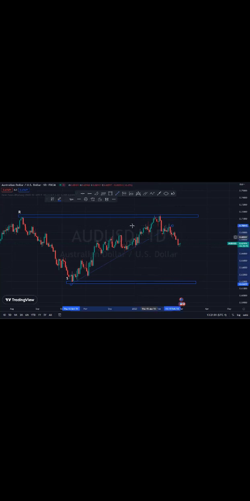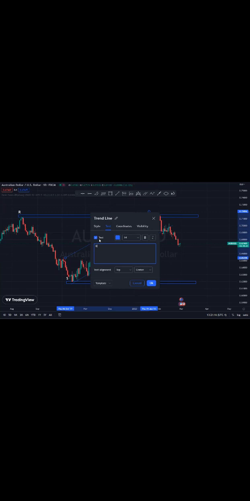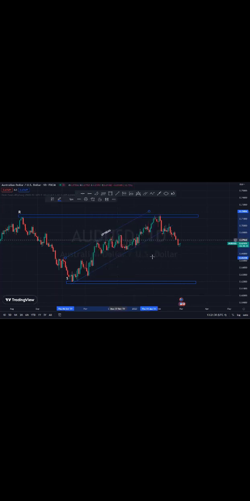This is my supportive trend line, and this is my resistive trend line up here. So we can see price here was in an uptrend, and up here we were in an uptrend. From here now, we actually broke it. So we're gonna go down to the 4-hour now.